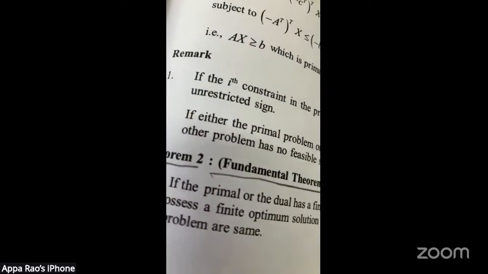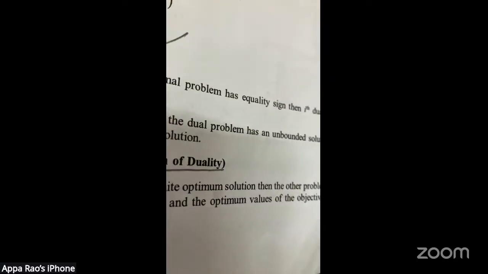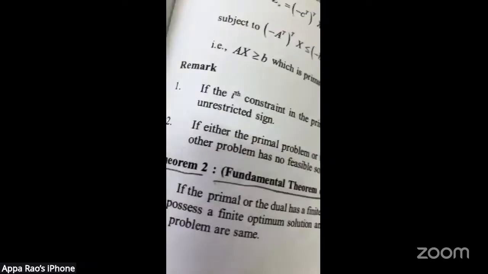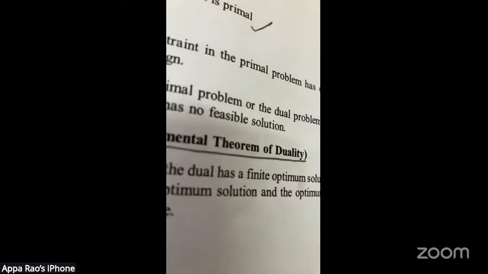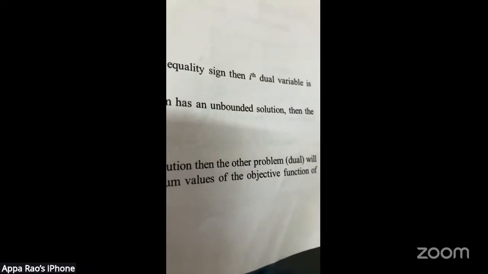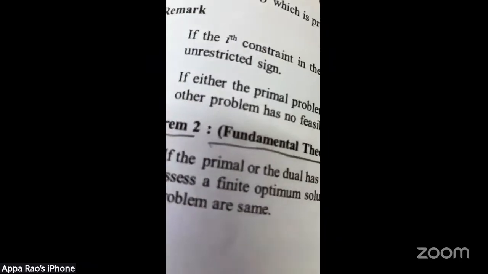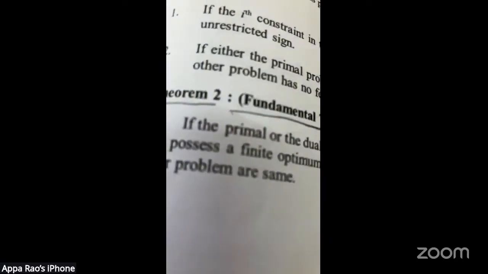Remark: if the ith constraint in the primal problem has an equality sign, the ith dual variable is unrestricted in sign. If either the primal problem or the dual problem has an unbounded solution, then the other problem has no feasible solution.